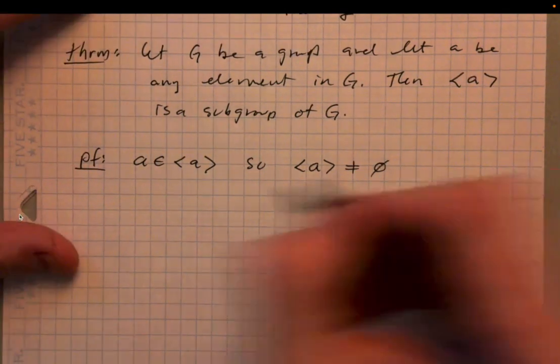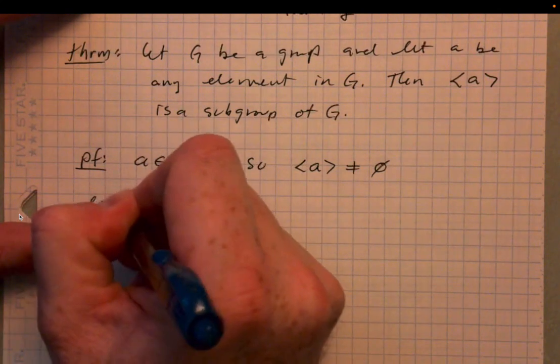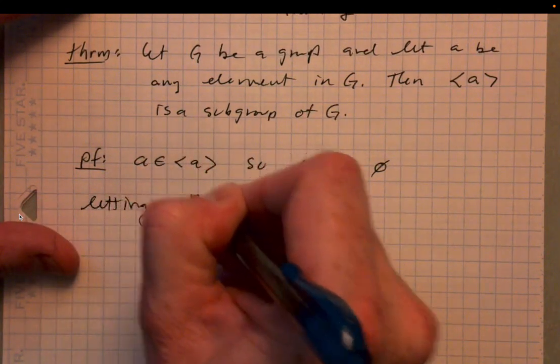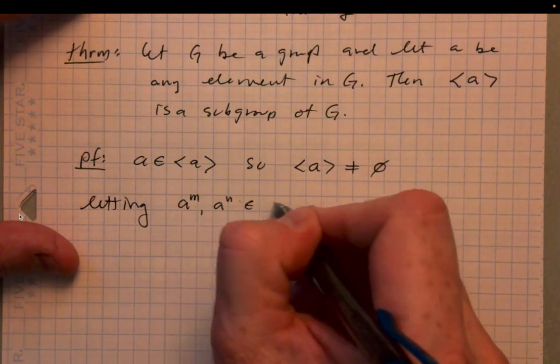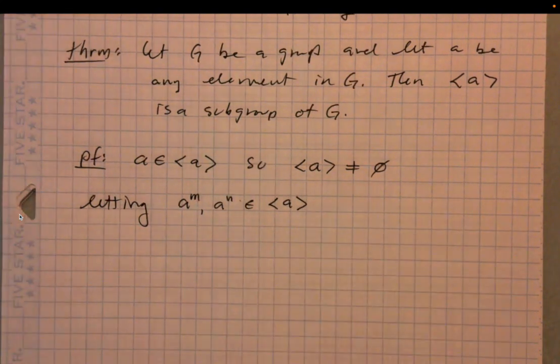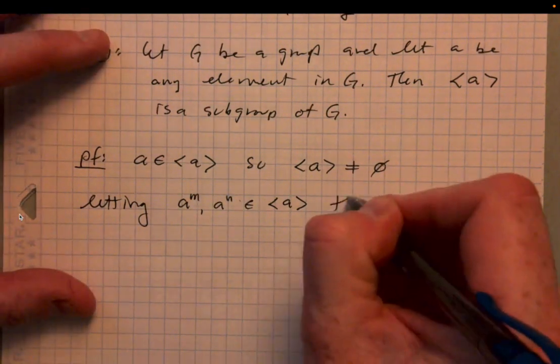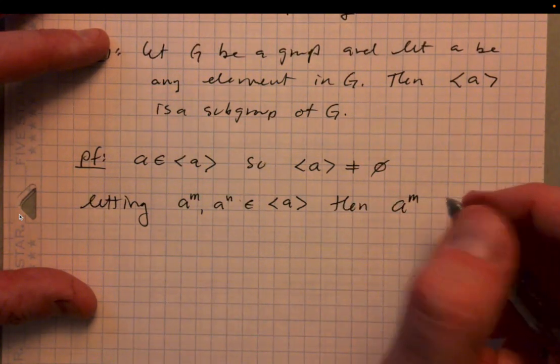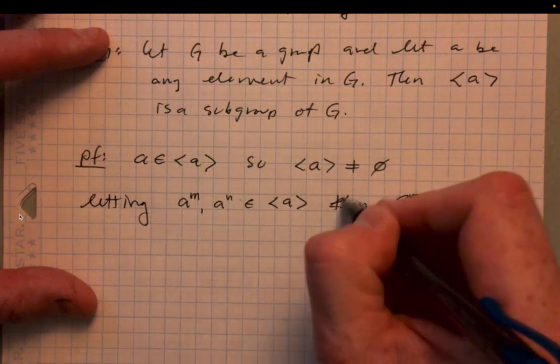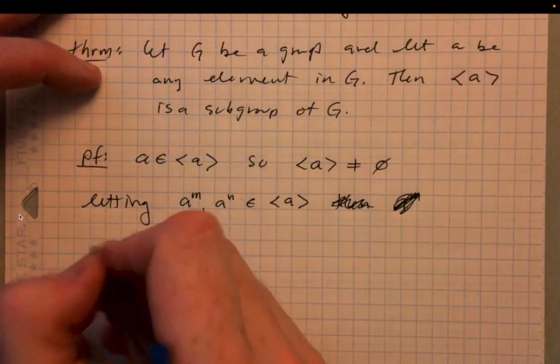And so, letting a to the m and a to the nth power be two elements in this subset. Then we know their product, a to the m, oh, sorry, hold on, I got ahead of myself.